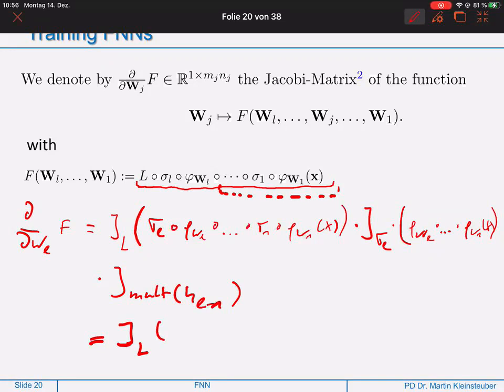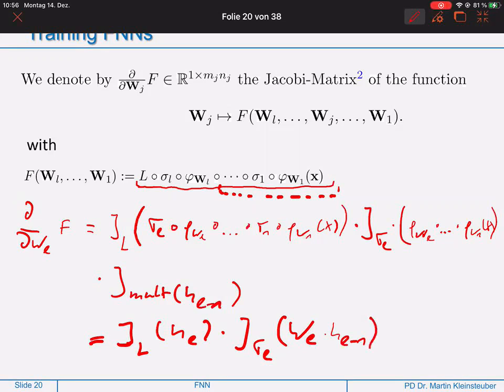Here, what we have is our output layer, HL. Then we multiply that with the Jacobi matrix of sigma L. And what we have here in the bracket is the WL multiplied by H of L minus 1.